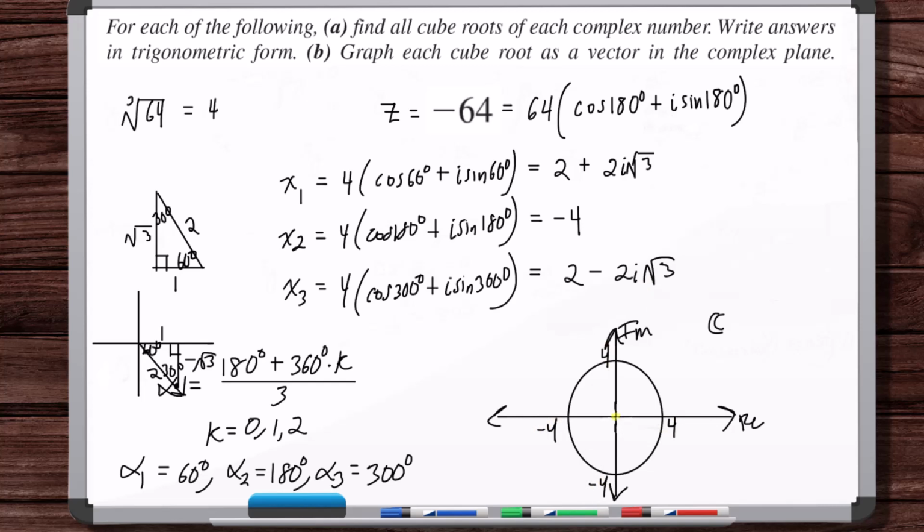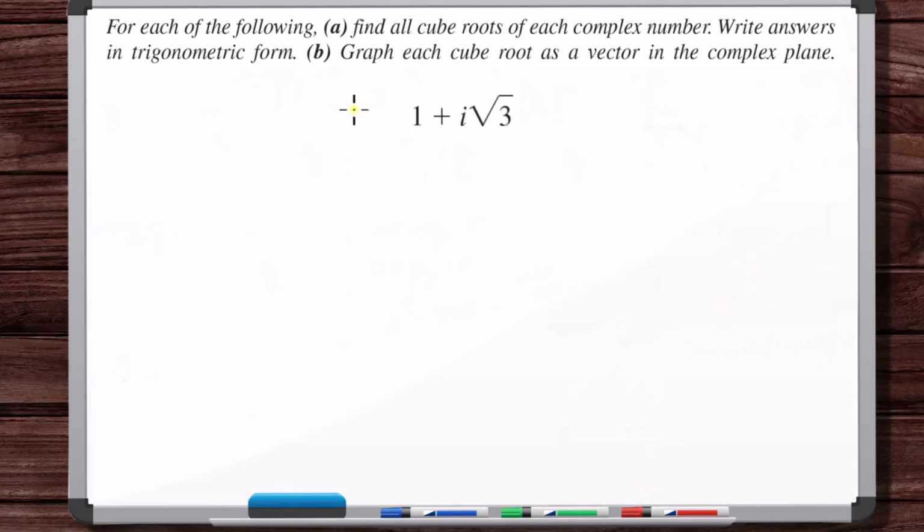We start off at 60, and then 180, and then 300. So we've got x1, x2, x3.